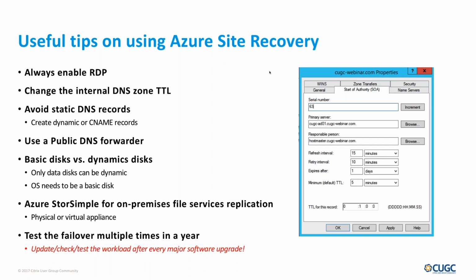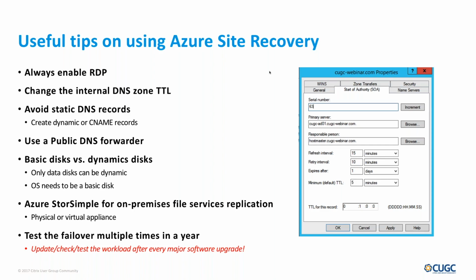And change the internal TTL, the time to live, of your DNS records to 5 minutes, for example, to make sure that all the DNS records are automatically updated when you fail over to Microsoft Azure. So you are sure that when you start up the actual environment in Microsoft Azure, you are able to connect to all these services.